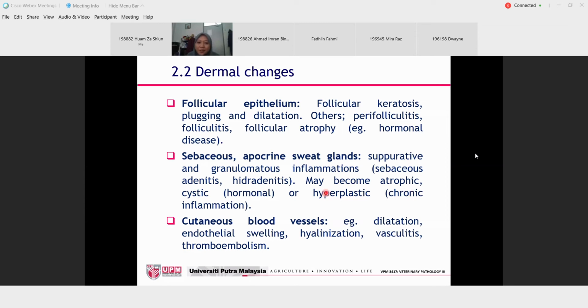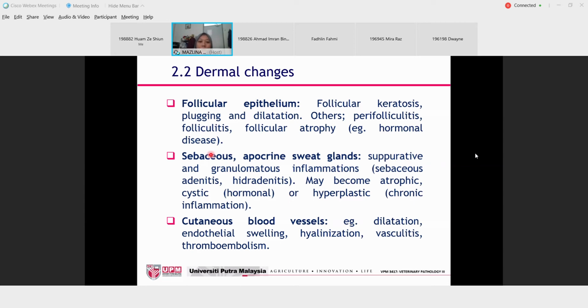No idea. Okay, hidradenitis is actually inflammation of the sweat gland. Sebaceous gland inflammation is sebaceous adenitis. Apocrine or sweat gland inflammation is called hidradenitis. These glands can become atrophic or even cystic in cases of hormonal disorder, or might even become hyperplastic in chronic inflammation. Sometimes there can also be neoplasia of these glands as well.